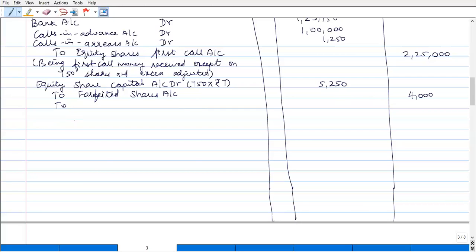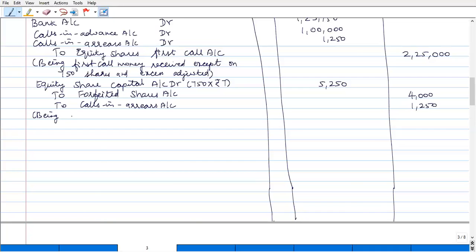Now what is the balance amount? The balance amount is the calls in arrears. So calls in arrears has to be credited. 1,215, right? Mention the narration.